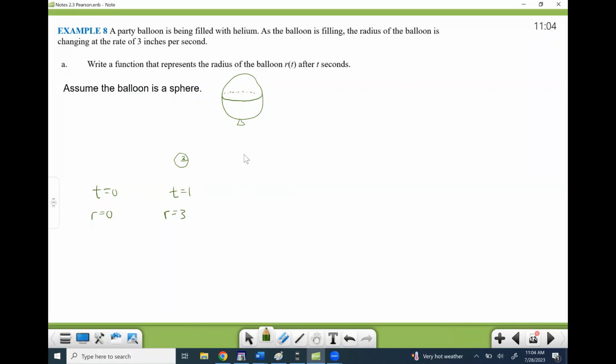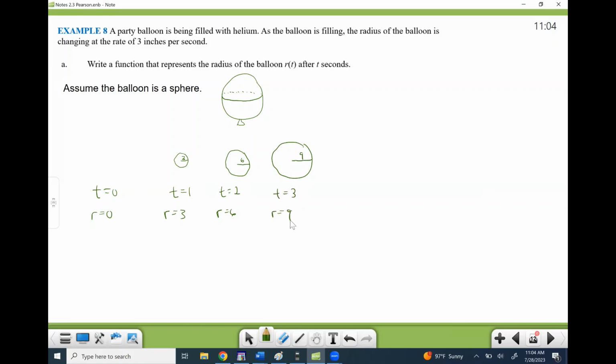A little while later, another 3 inches on the radius. So now it should be 6 because it's doing 3 every second. So 3 plus 3 means it'll be 6. And then if we go another second, add 3 to that, it should be 9. So when t is 3, we should get 9.